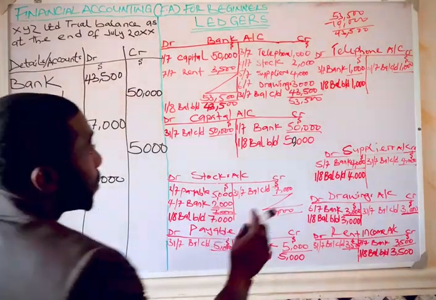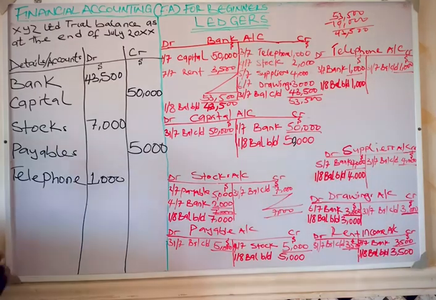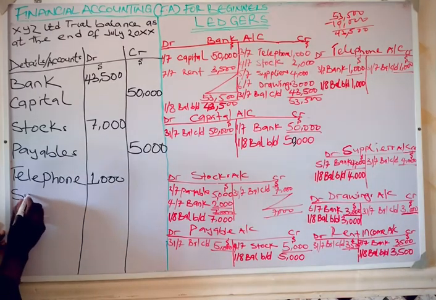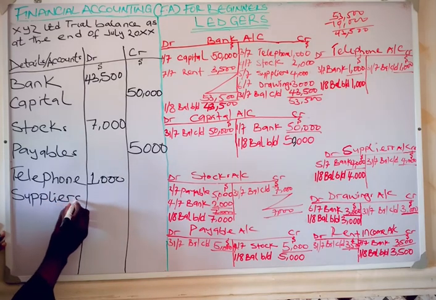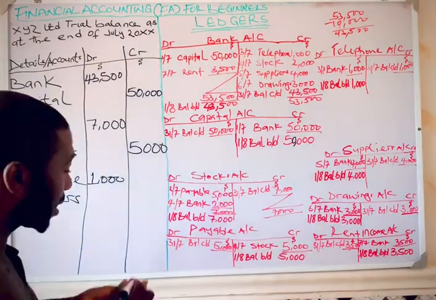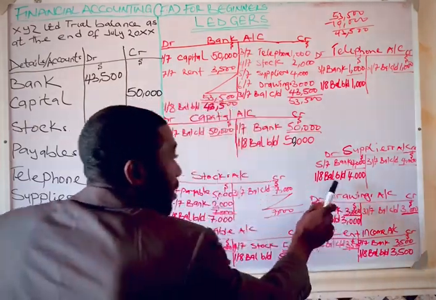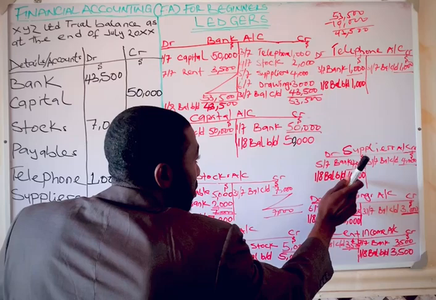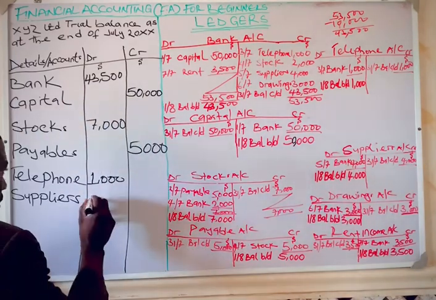Let's continue with the suppliers account. Suppliers is the detail, and the suppliers account has a debit balance, balance BD at the debit side, of $4,000.